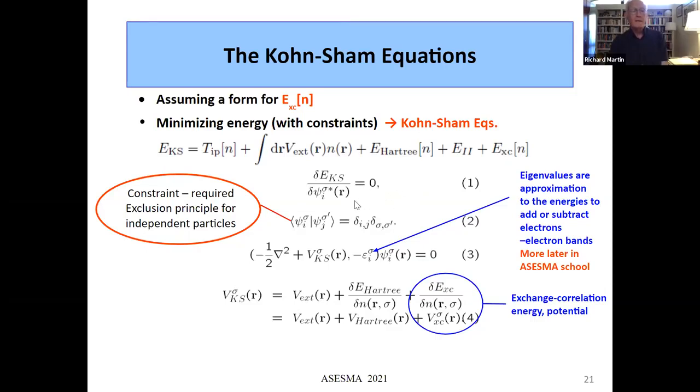And this has to be done with the constraint that the different wave functions are orthogonal to one another, since it's a fermion problem. And this leads directly to the Kohn-Sham equations with a kinetic energy operator like in a Schrodinger equation, a potential, and writing out the Schrodinger equation in this form, it's the eigenvalue times the wave function.